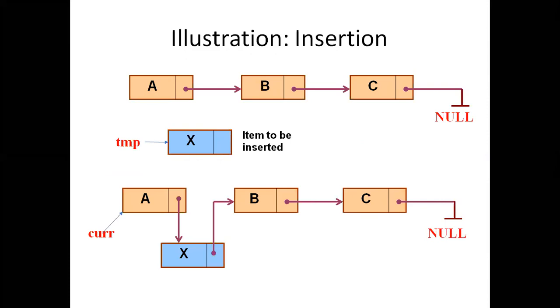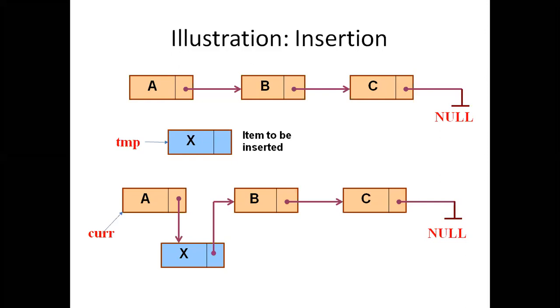When you want to insert an element into a linked list, first of all, you need to decide where you want to insert it. Whether you want to insert in the first position or any other position in between head and tail, where head represents the first node and tail represents the last node of the linked list.